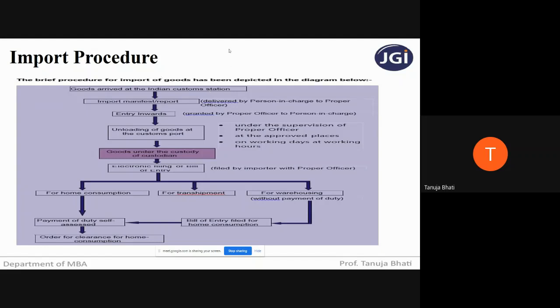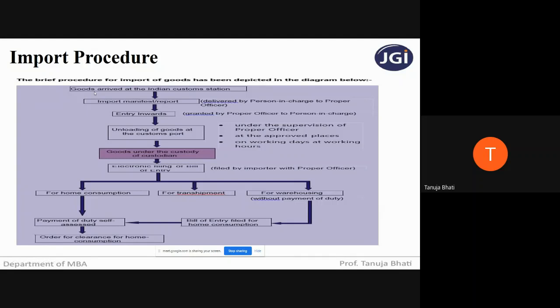So the customs station can mean your custom port, custom airport, land customs station, international courier terminal. Everything can be a customs station. That completely depends on how your goods are arriving into India. So the first step is that the goods will arrive at the Indian customs station.